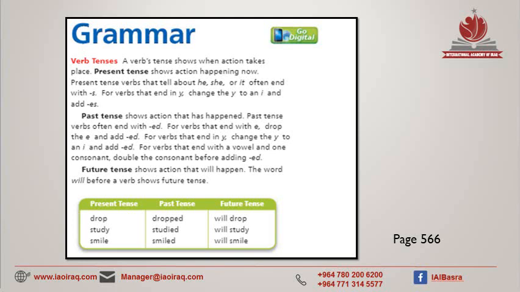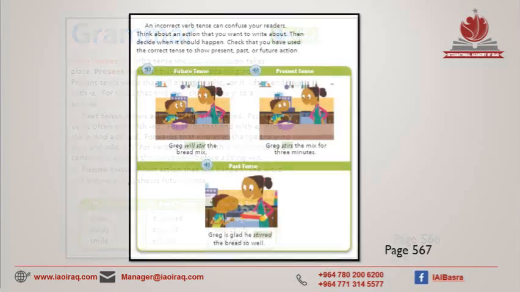For the past tense, just focus on ed. If the word ends with e already, just add the d. The future tense shows action that will happen. The word will before a verb shows future tense. So present tense would be drop, past would be dropped, and future will drop. Likewise, study, studied, will study, and smile, smiled, will smile.